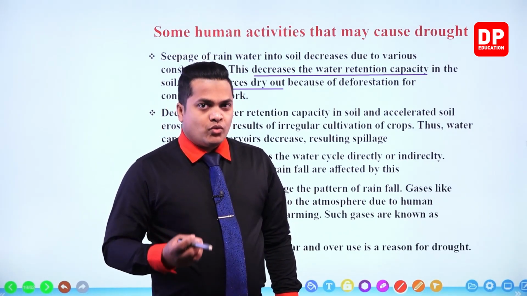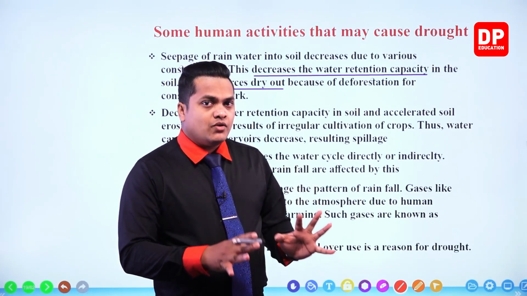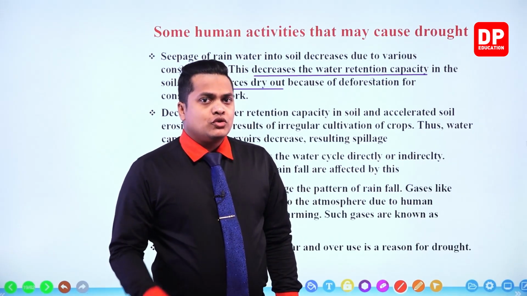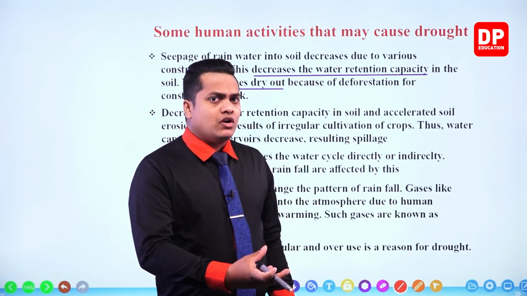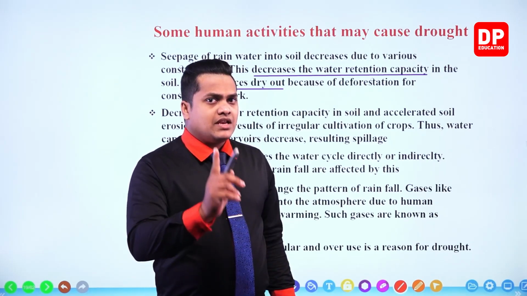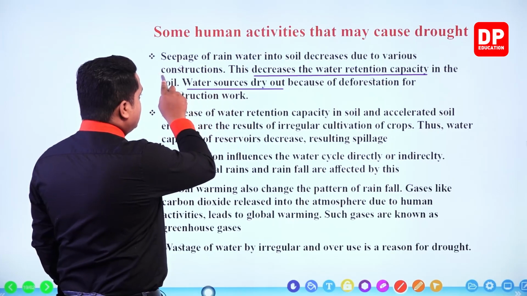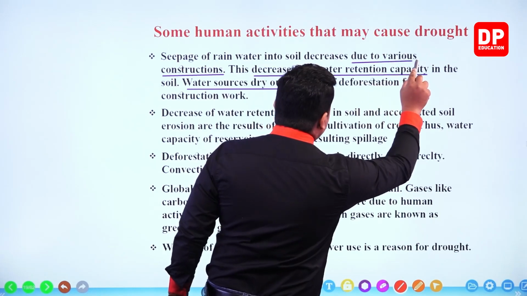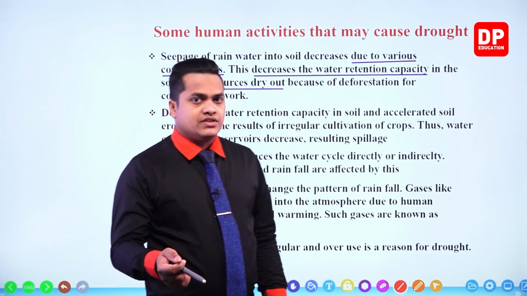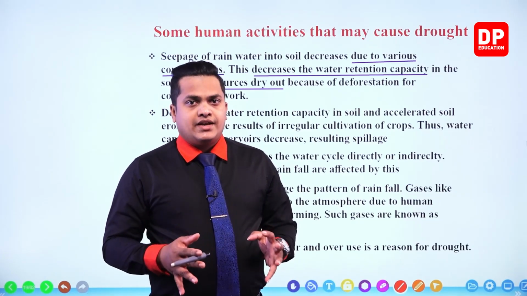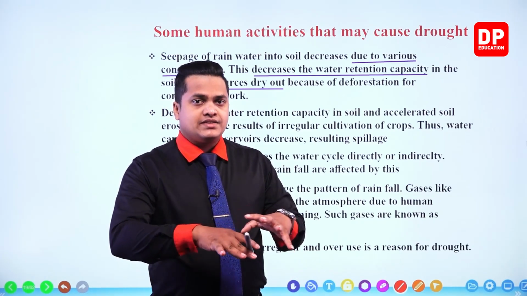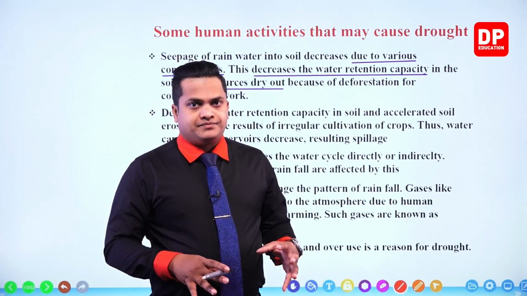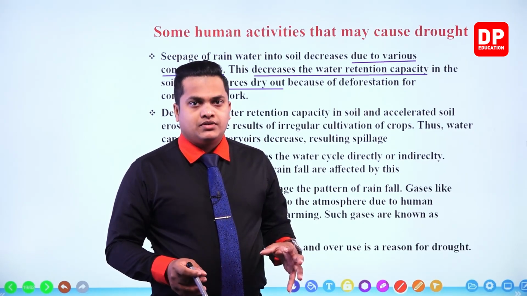I told you that these will dry out if there is not enough water within the soil. So how does the human get involved in this process? By doing constructions. Actually, these are irregular constructions. Let's see an example. Let's imagine there is a muddy area, a swamp.